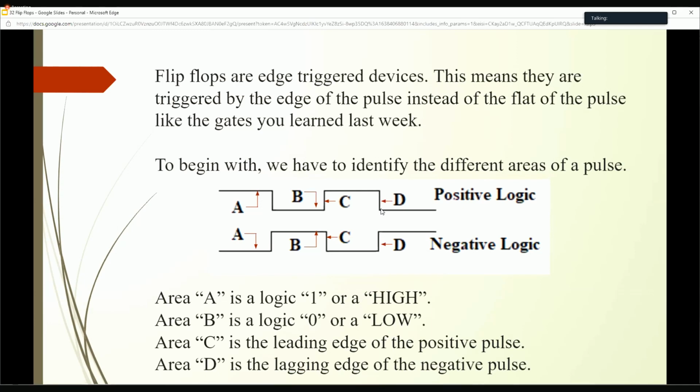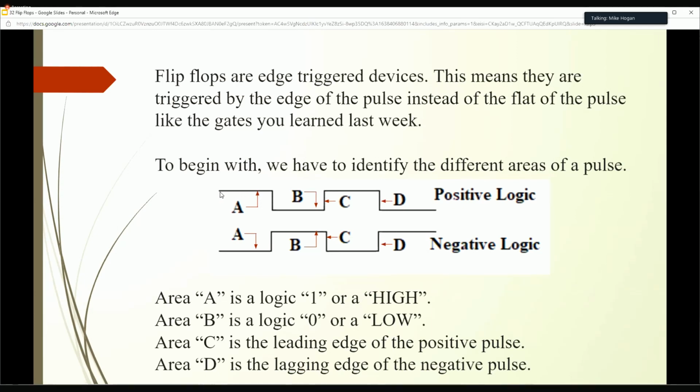Now, it's better to have it triggered on the edge, because see how precise this is? I go from 0 to a 1, and if I'm looking at triggering this flip-flop on the leading edge, all of them are going to be synchronized by this change from 0 to a high, 0 to a 1, with this quick change, this edge. That's typically what we're going to do, is use the edge to trigger.